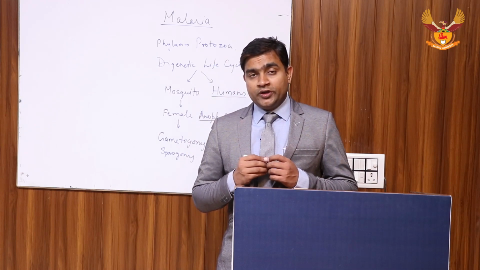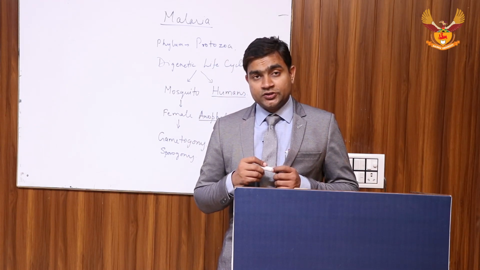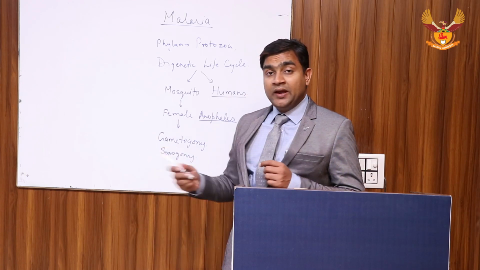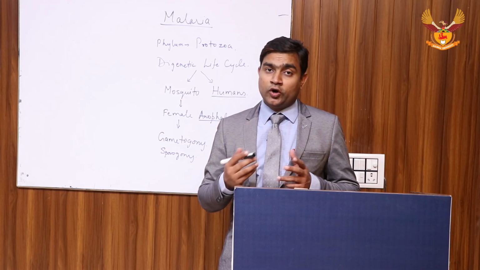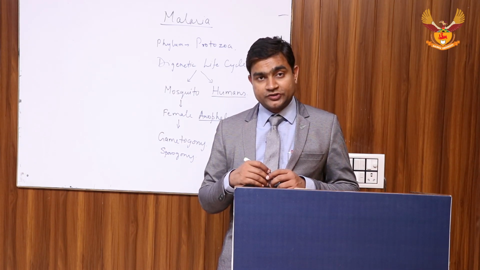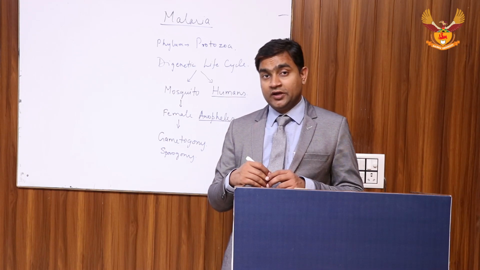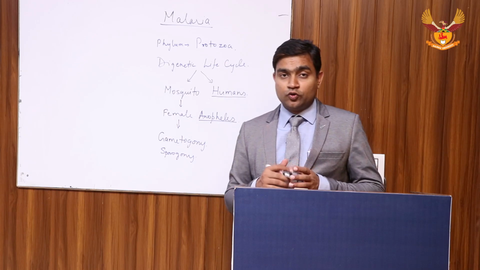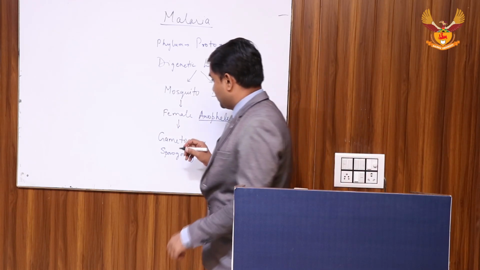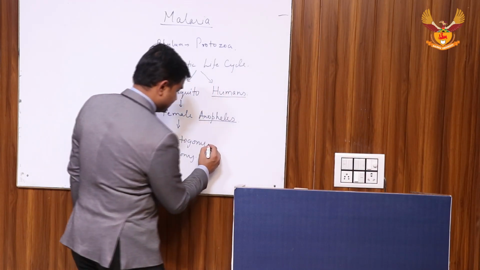The gametogony is the process in which the male and female gametes, which are microgametes and macrogametes, or we can call microgametocyte and macrogametocyte, get fused and form a zygote, and this zygote is known as ookinete.